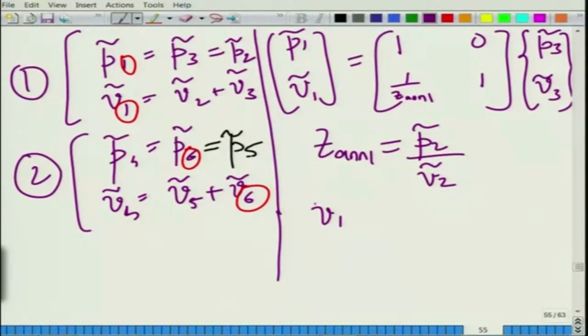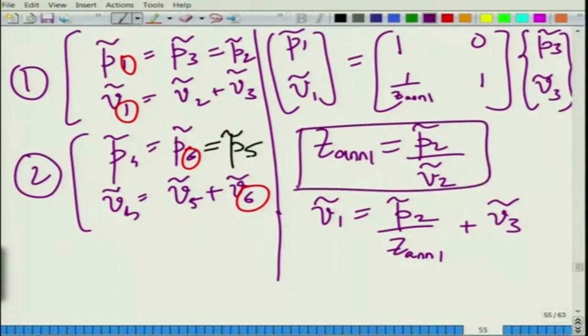Because based on the above transfer matrix, it will be P3 by Z plus V3, but P3 is equal to P2 tilde, and from this, the impedance of the cavity that we discussed at the beginning of the cavity in the last lecture is given by this expression. So V2, of course, is P2 by Z.